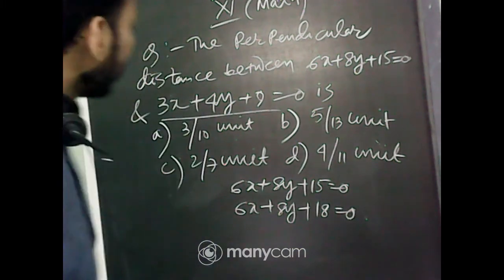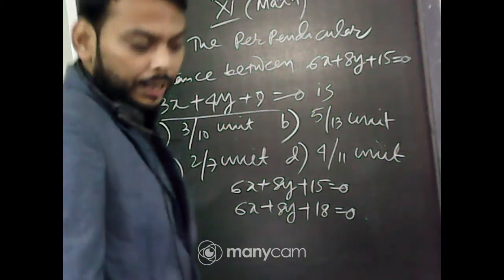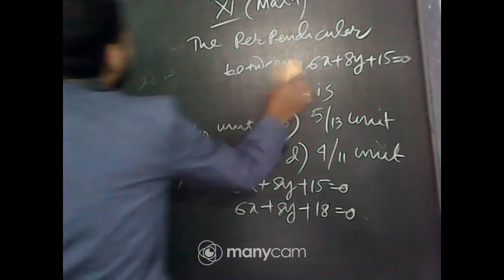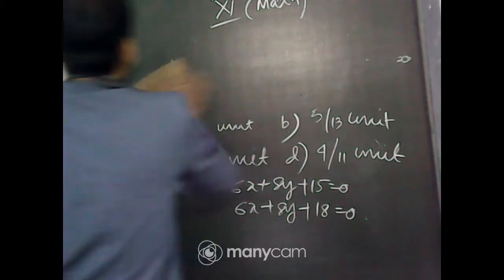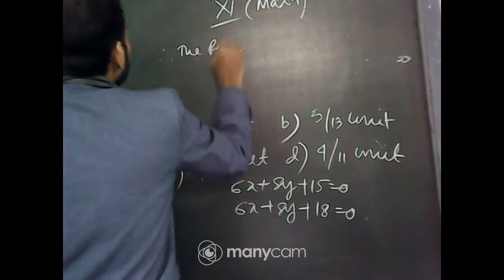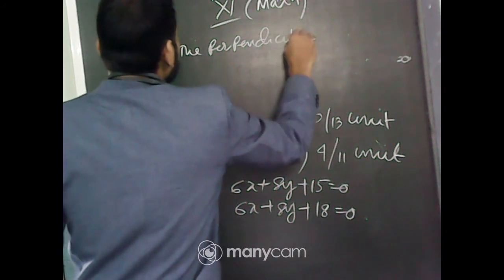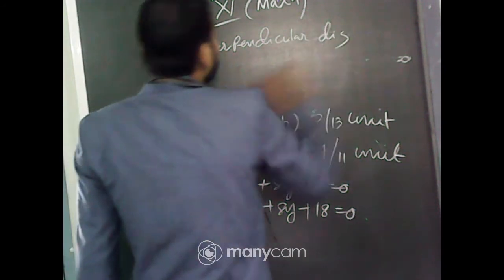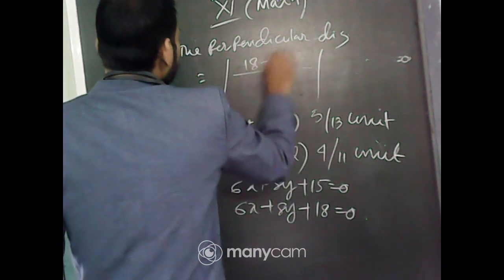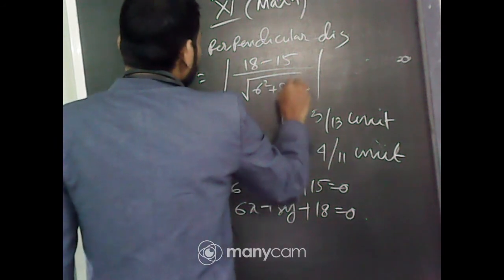Now the perpendicular distance. These are the parallel lines. Therefore, the perpendicular distance will be mod of 18 minus 15 by root over 6 square plus 8 square.